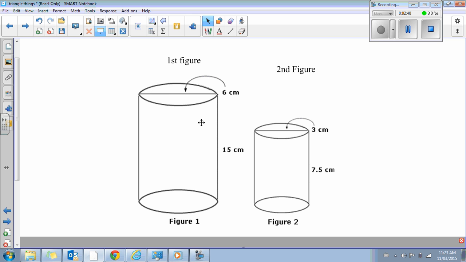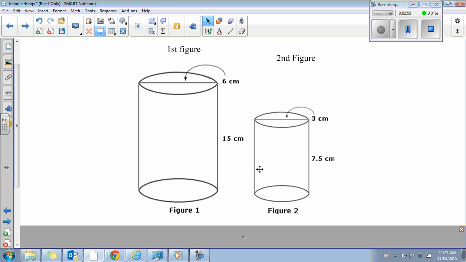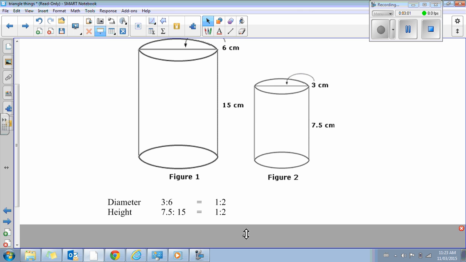So when we create ratios, we look at things that are the same. So we have diameters and we have height. So second figure to first figure comparisons, we have a 3:6, and we have a 7.5:15, which really, if we reduce both of those, will come out to 1:2.